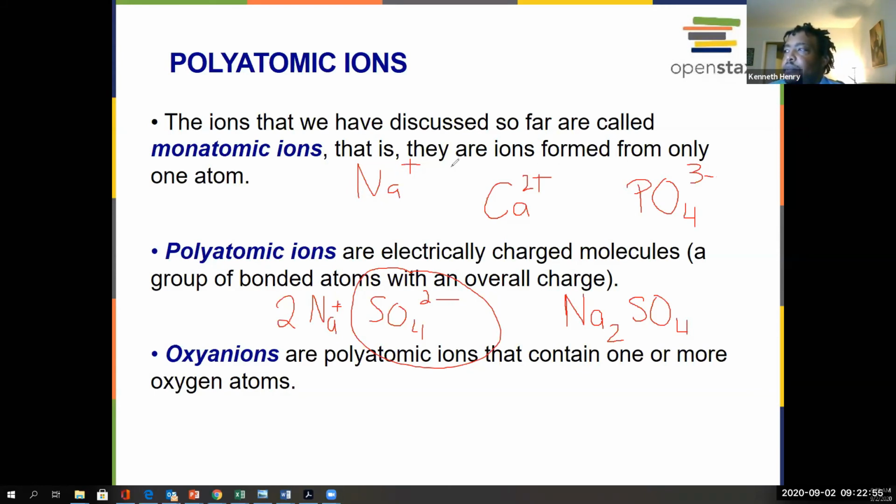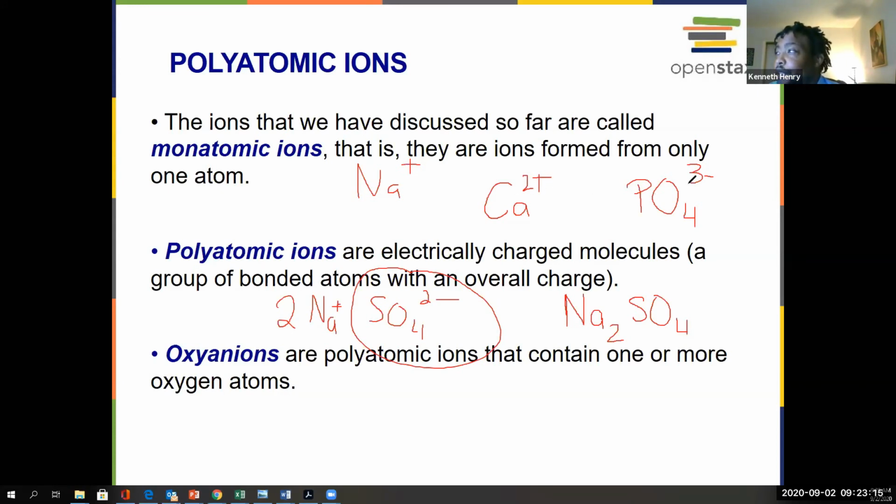How many calciums are going to be able to neutralize this? You're talking about cross multiply. This is a great opportunity to use that concept. How many calciums will I need to neutralize my phosphates, and how many phosphates will I need to neutralize my calcium?